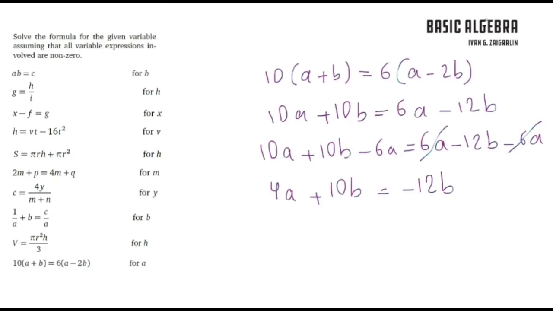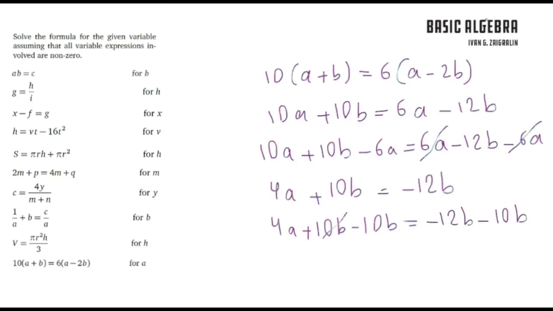And in this stage we subtract 10b from both sides. So 4a plus 10b minus 10b equals negative 12b minus 10b.